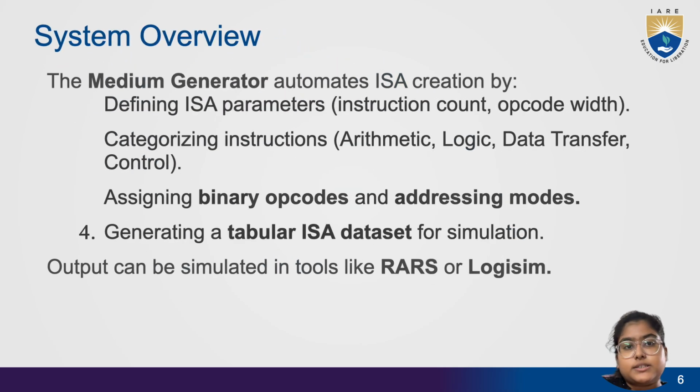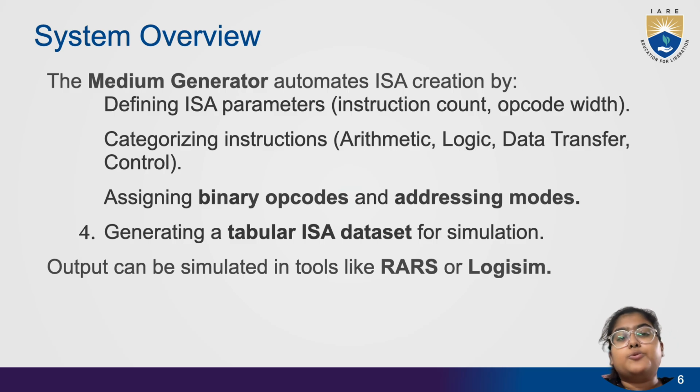The medium generator system works in a few simple steps. First, the user defines parameters, like the number of instructions, opcode width, and addressing modes. Then, the generator classifies instructions into categories such as arithmetic, logical, data transfer, and control flow. Next, it assigns binary opcodes and addressing modes automatically, creating a balanced ISA table.